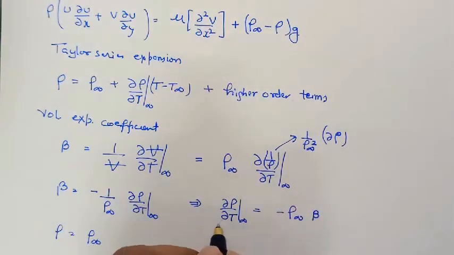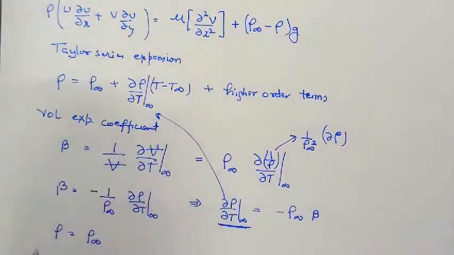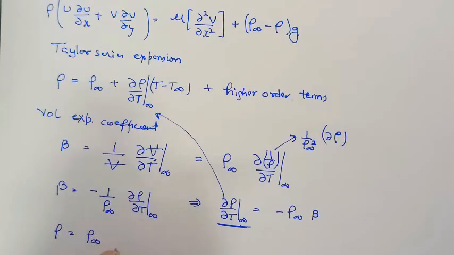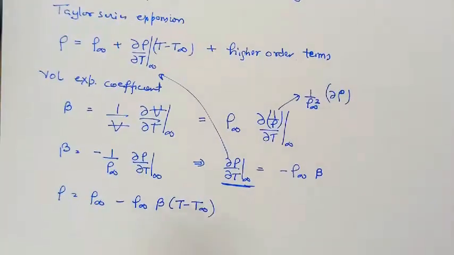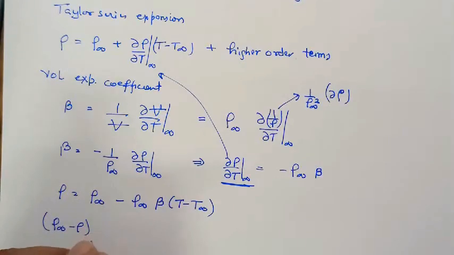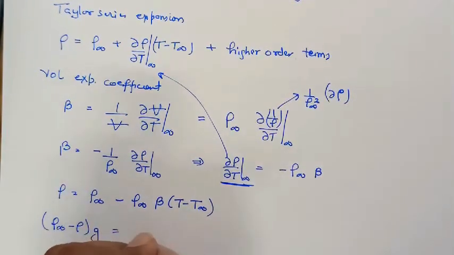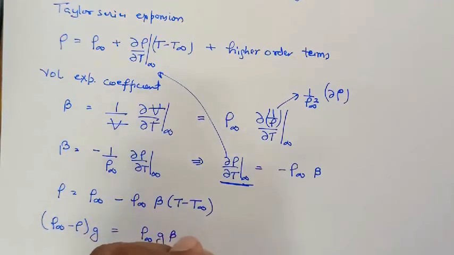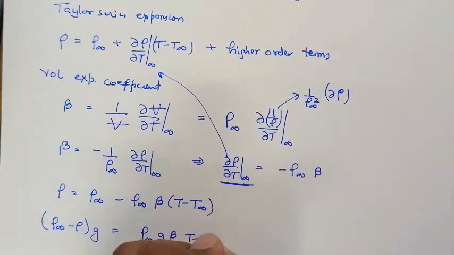If I put this value here, this can be written as minus rho infinity beta of T minus T infinity. So this rho infinity minus rho into g will be rho infinity g beta of T minus T infinity.